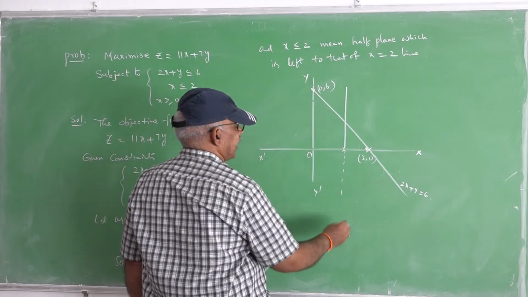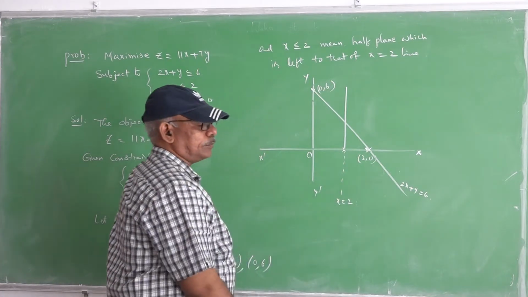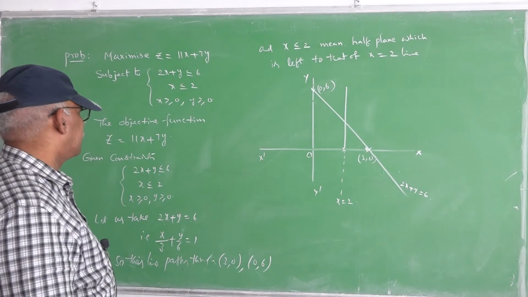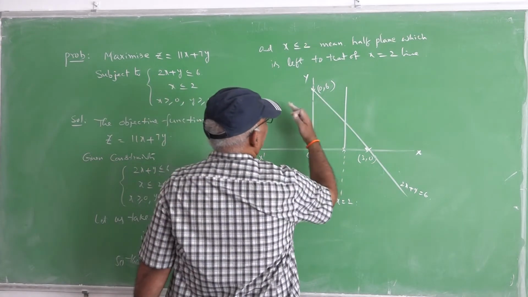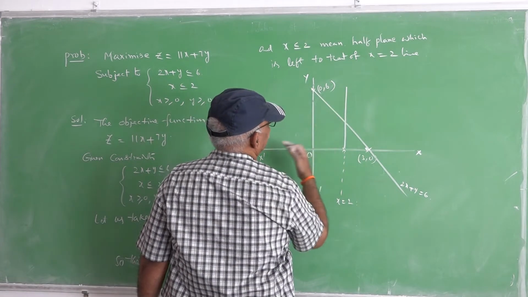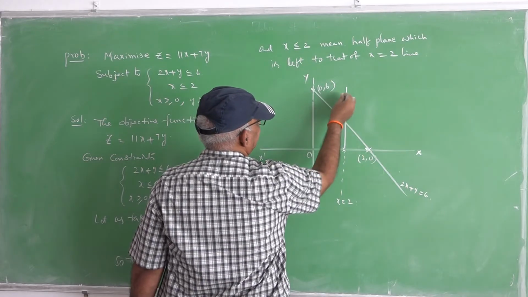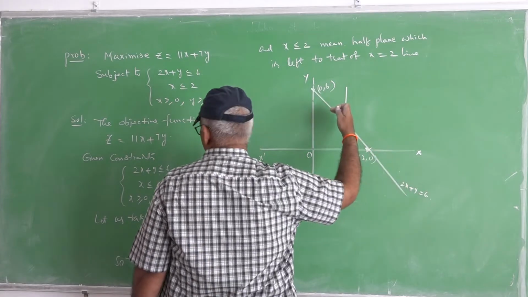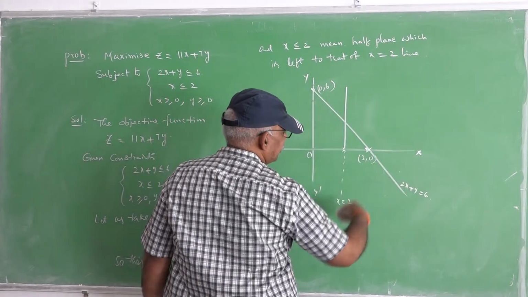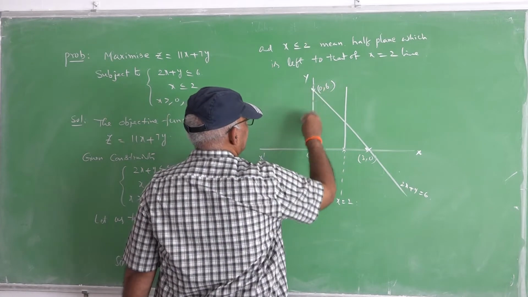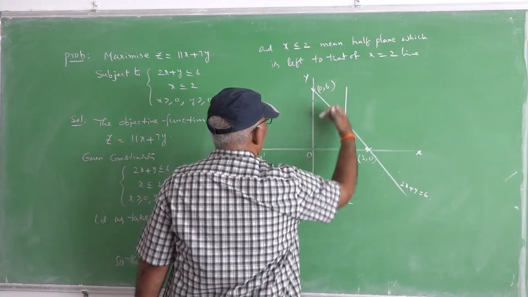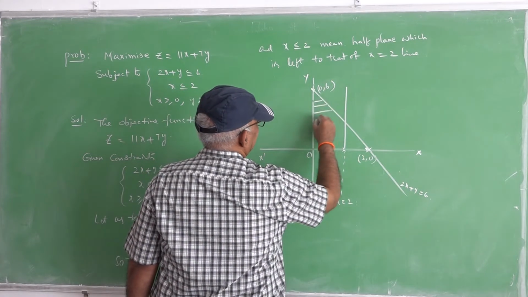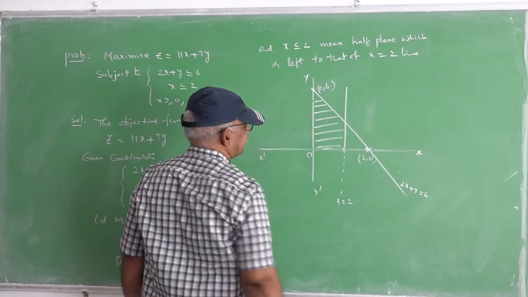The half plane left to that of x equal to 2 is to be considered here. And 2x plus y less than or equal to 6 means below the line. So, this region, confined to the first quadrant, is the feasible region.